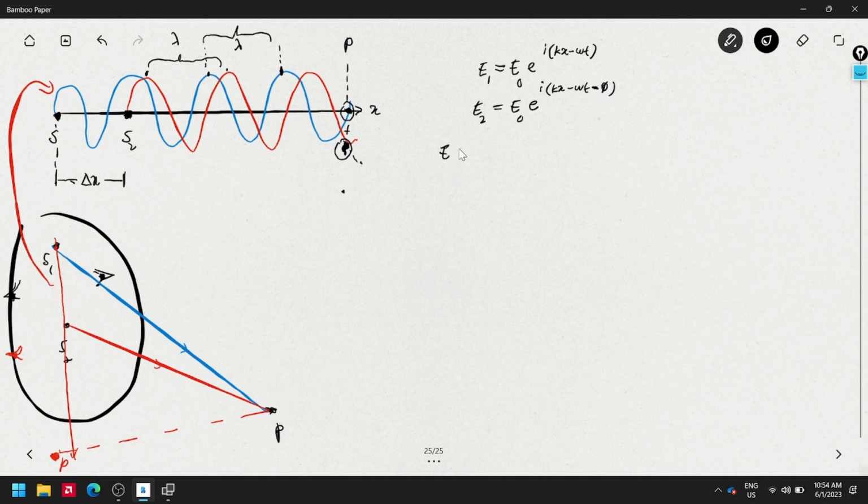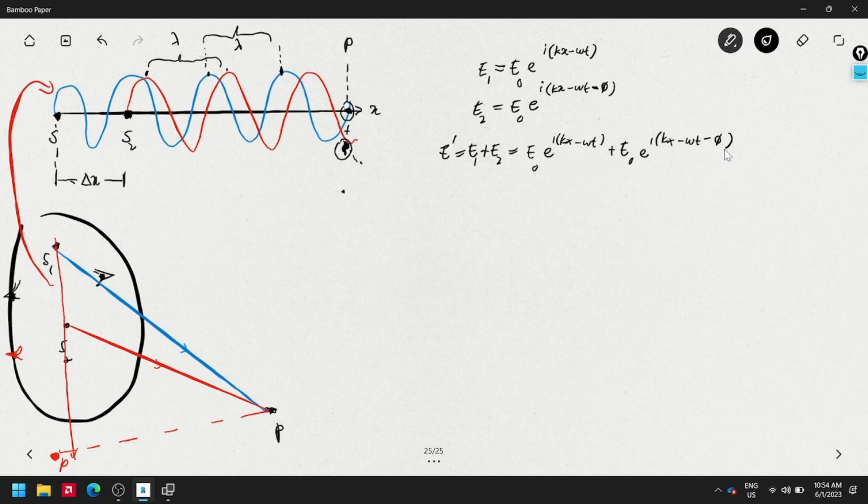So the resultant wave is given by E1 plus E2, the algebraic sum of both wave functions. So it is given by E naught e^(i(kx minus omega t)) plus E naught e^(i(kx minus omega t minus phi)), like that.